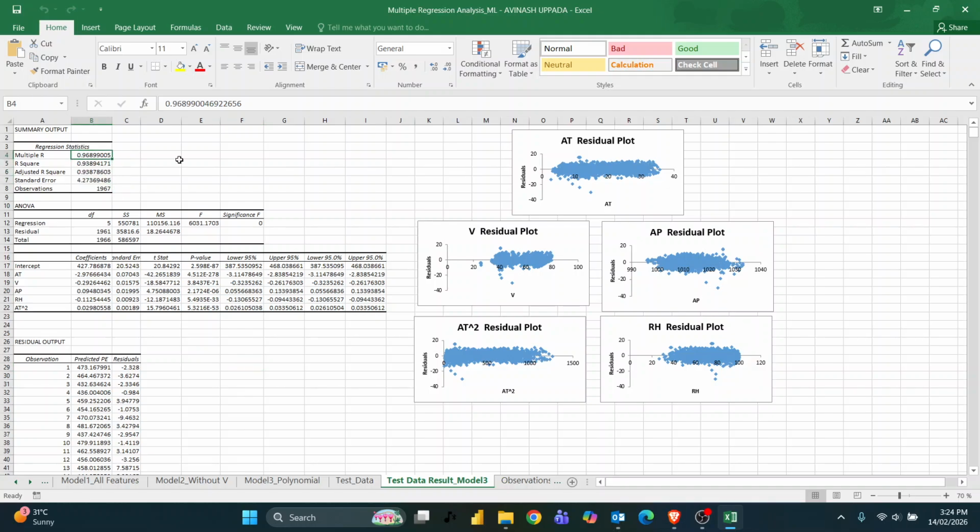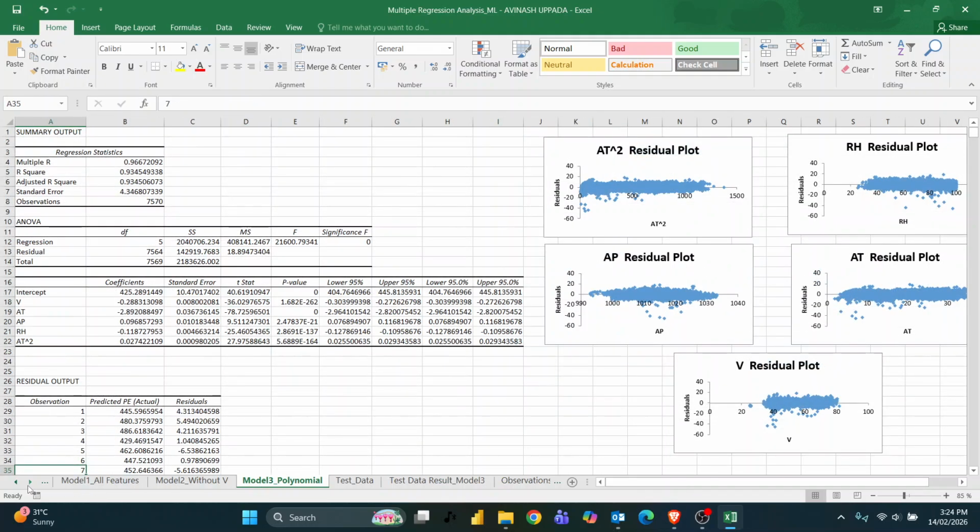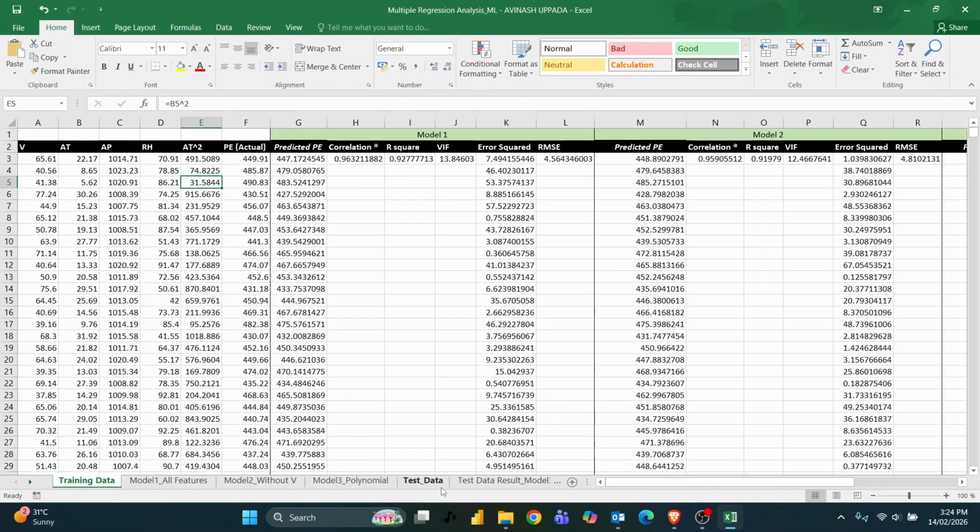The multiple R is 96%, and the R square is a little better than the third model's actual result, and all the values are significant, which means this model has even more capability to perform well in the test environment or real world data. So this is how I arrived at the best model out of all.